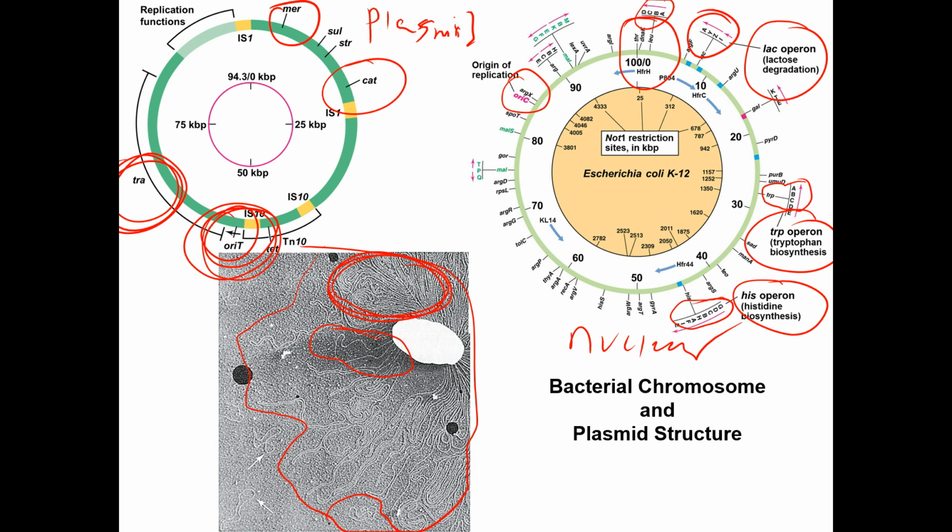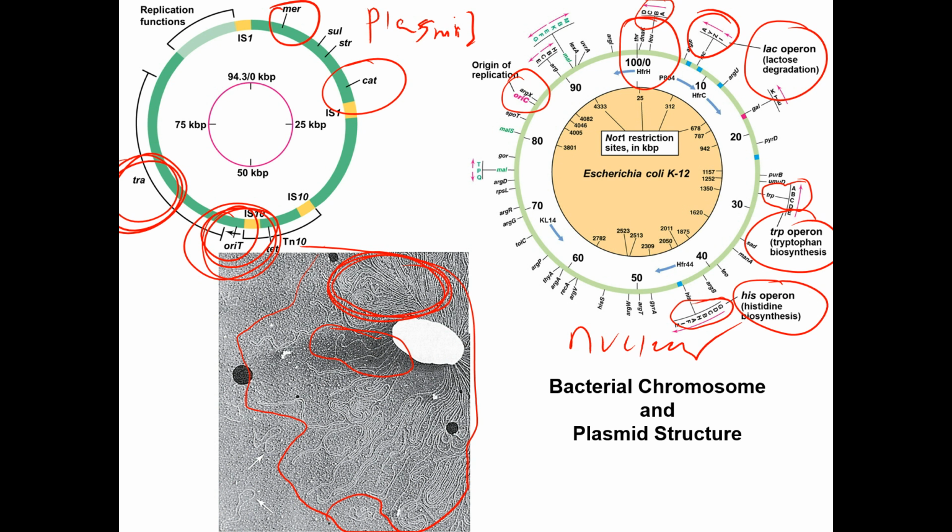It's open. So think about it. If it's supercoiled, more than likely that part of the genome is not being transcribed or translated. If it's open, that means those genes are open to transcription and other factors for regulation.